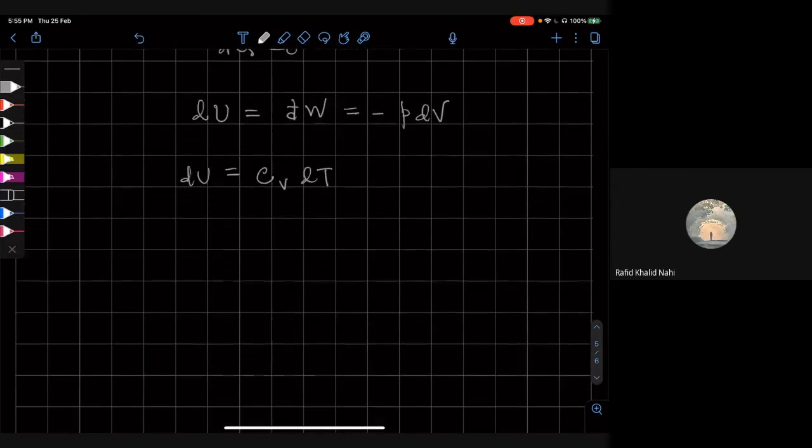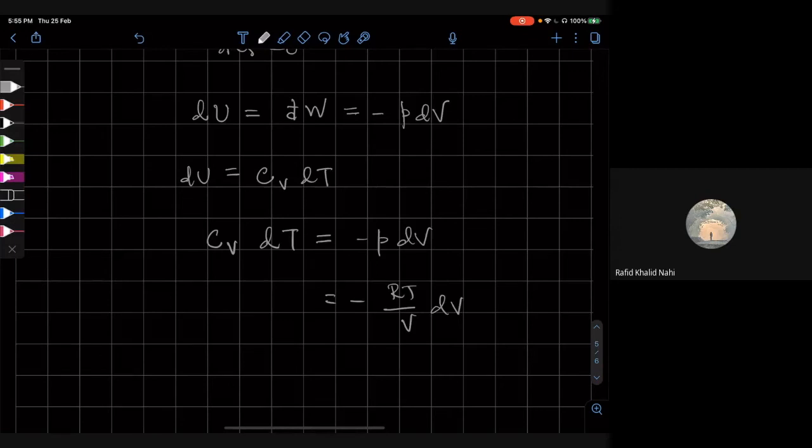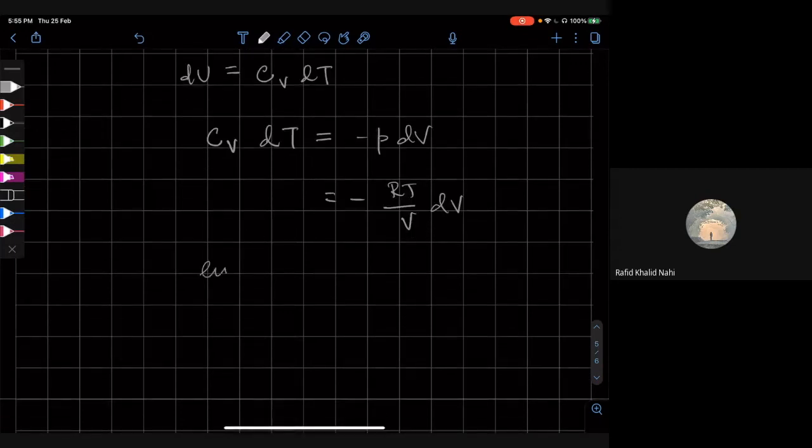And therefore, what we can say is that CV dT is minus P dV, but P is RT by V. And so if you integrate this equation, we get log of T2 over T1 equal to minus R by CV log of V2 by V1.